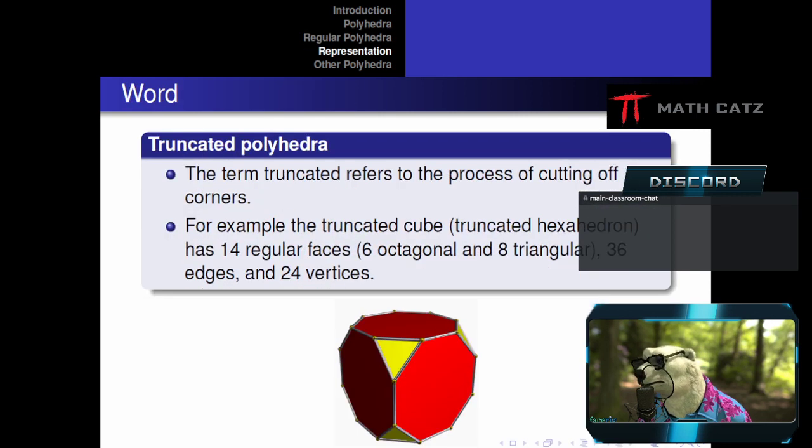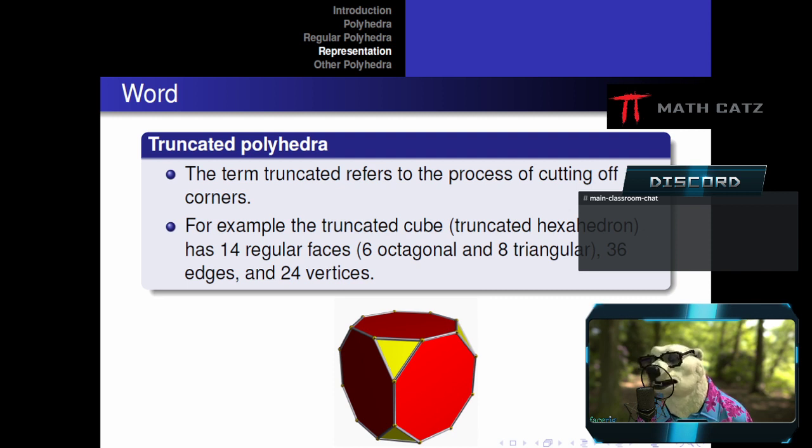And we discussed the truncated cube we see here with its new faces, but we have to be able to truncate each of the platonic solids. So eventually you need to practice this process for each of them.